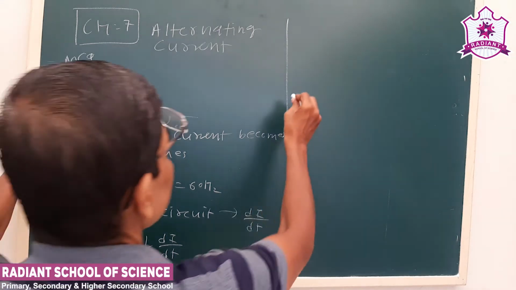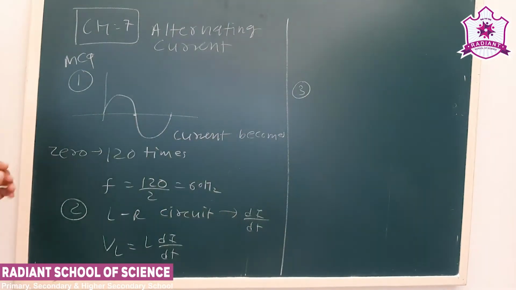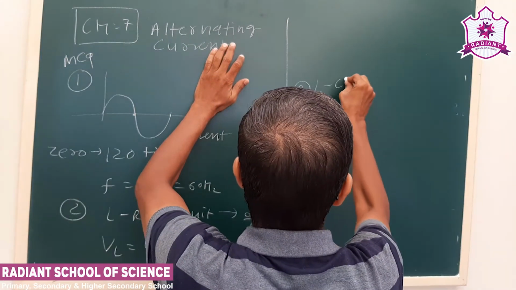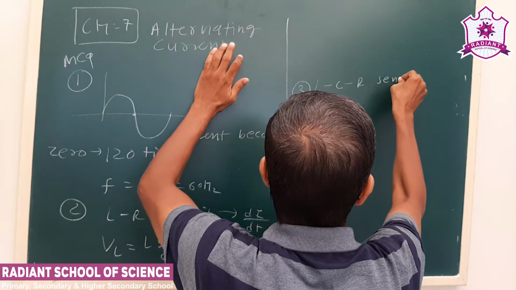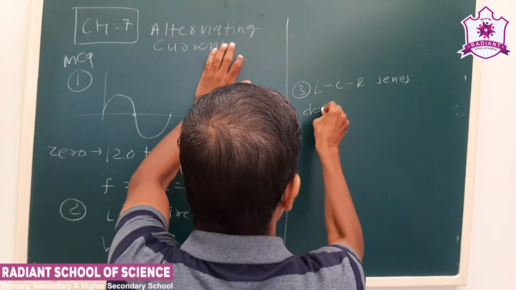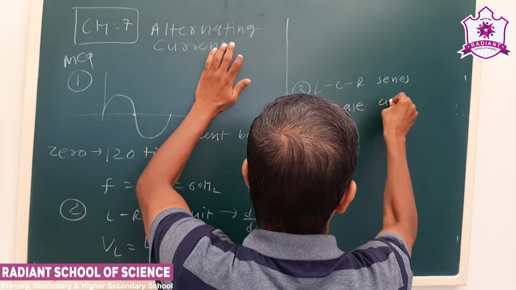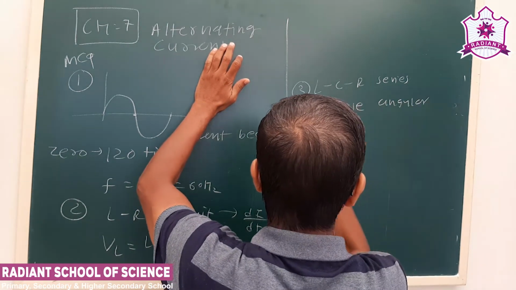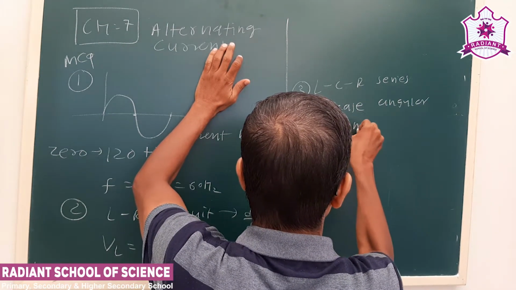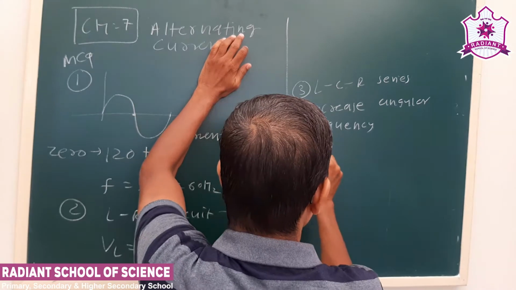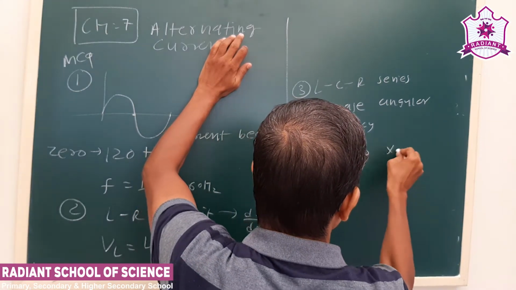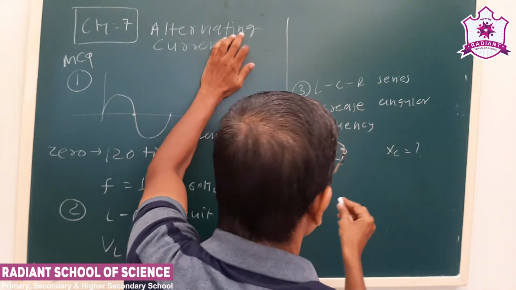Now see, the third is related to the LCR series circuit. What happens when we decrease the angular frequency? When we decrease the angular frequency, what will be the change in XL and what will be the change in XC?